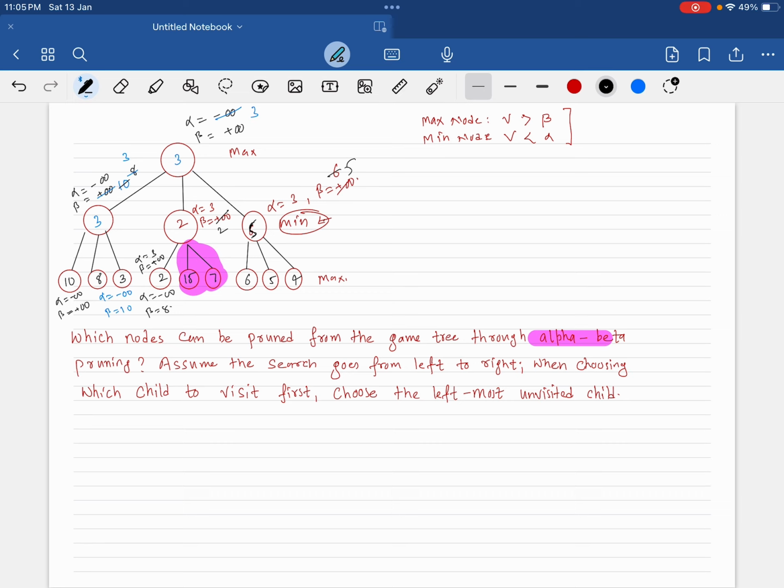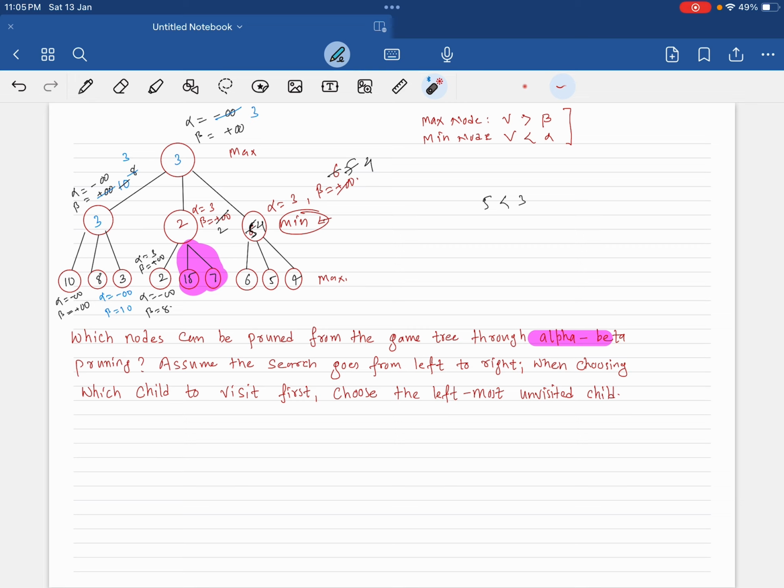Again we check whether 5 is less than alpha 3. No. So again we visit this node, and beta will get updated to 4, and here we will have 4.